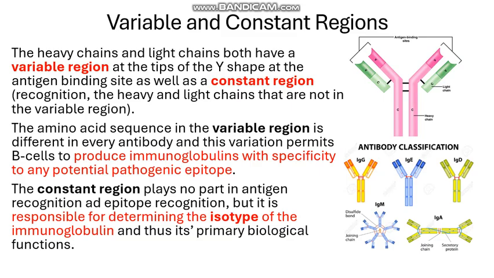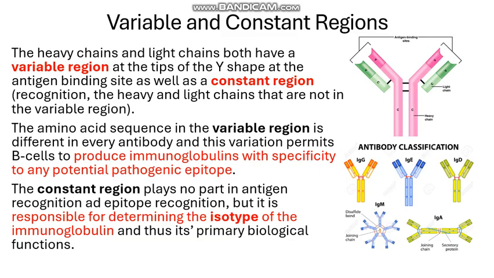The amino acid sequence in the variable region is different in every single immunoglobulin molecule, and it's this variation that allows B cells to produce immunoglobulins with specificity to any potential pathogenic epitope.